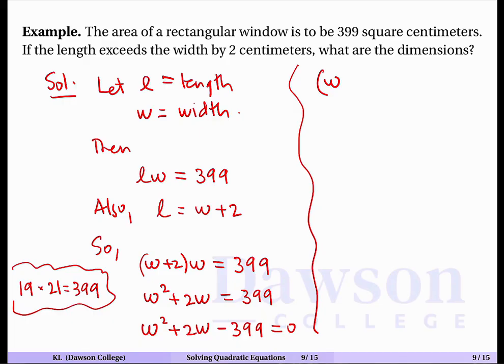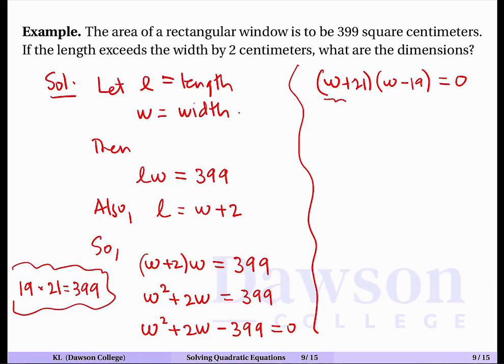But since we have a negative here, one of these must be positive and one must be negative. And since the middle part is positive, the bigger number is the positive. So W plus 21 times W minus 19 is equal to 0.